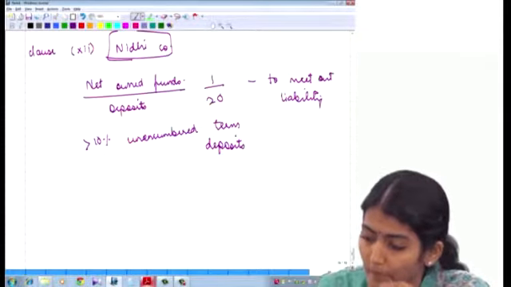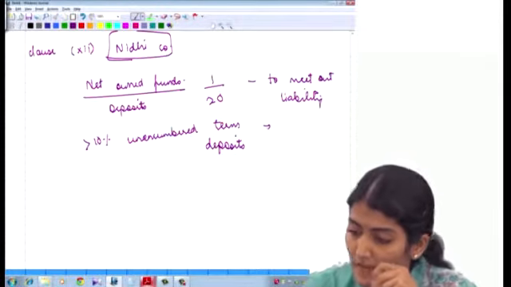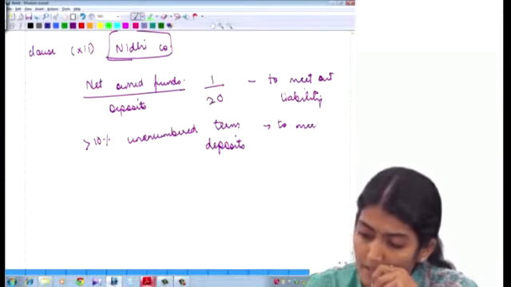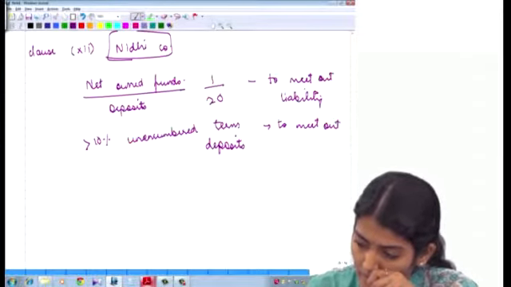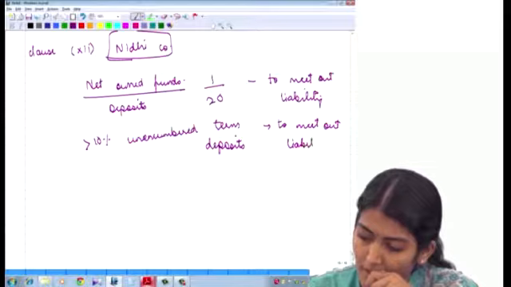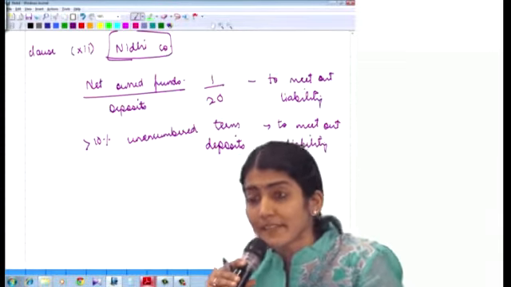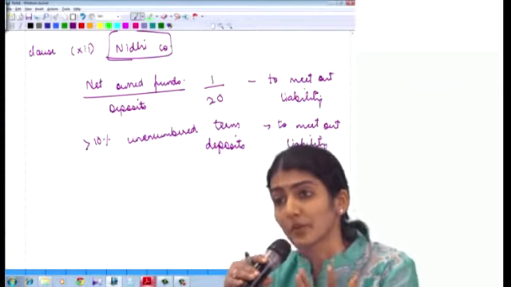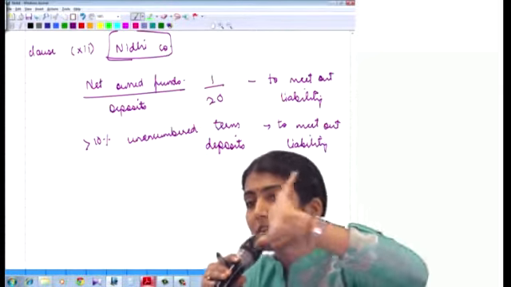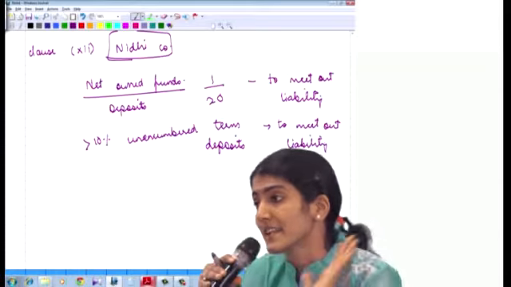again to meet their liability. Unencumbered means free of any charges. So net owned funds, meaning how much is the net worth of that Nidhi? Say 1 crore. So the maximum deposit which it can accept is 20 crore.